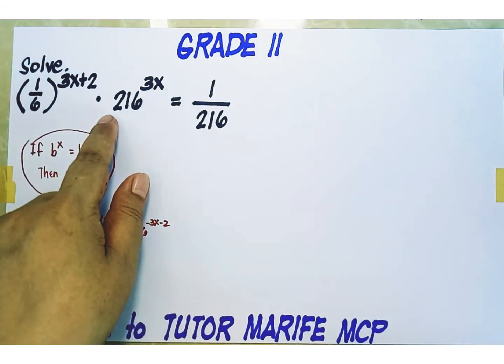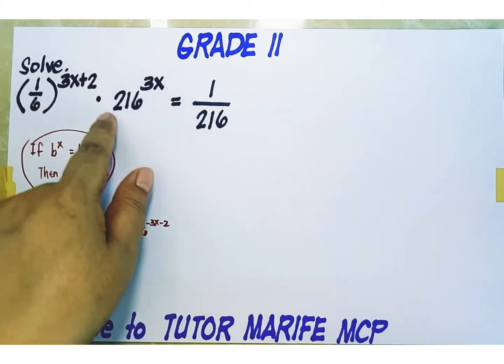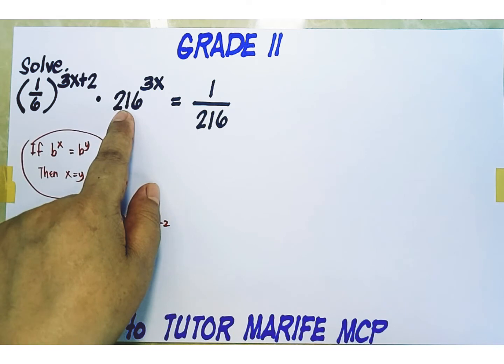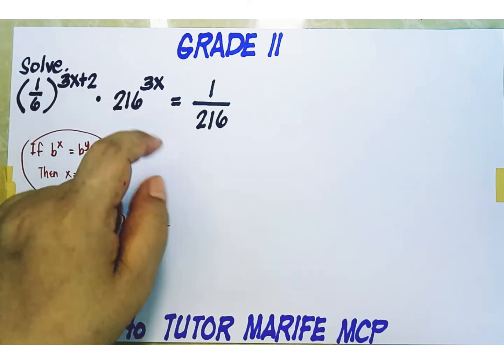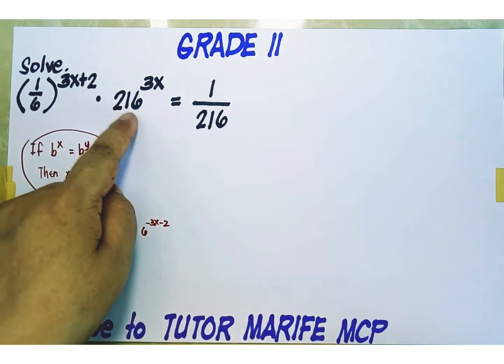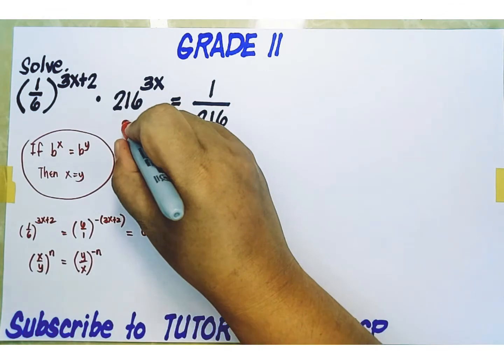Let's verify if we can express the base number of the second exponential expression as a power of 6. Is 216 a power of 6? Yes. 216 is equal to 6 cubed.